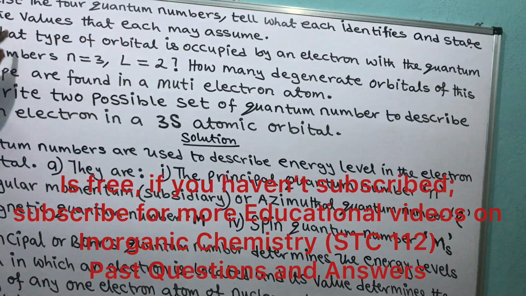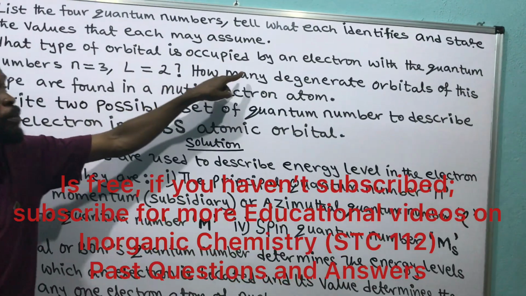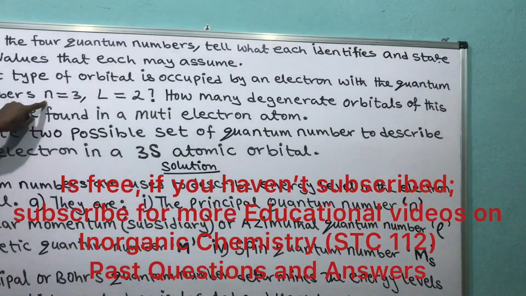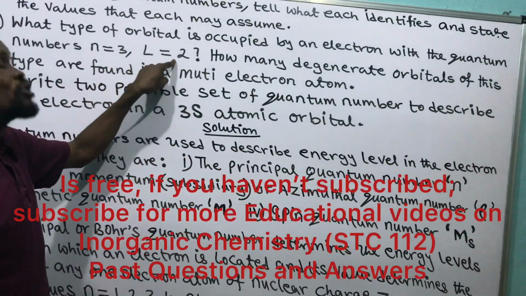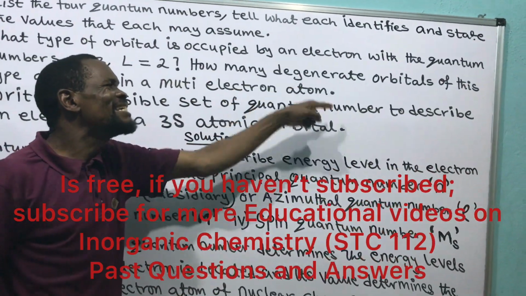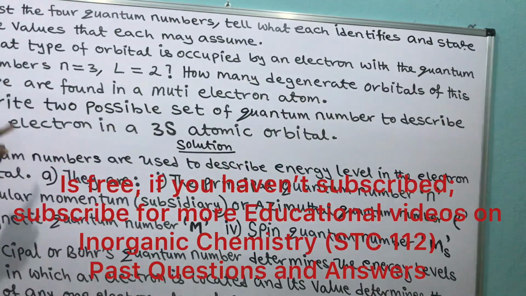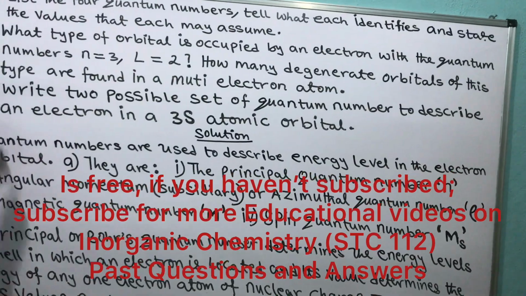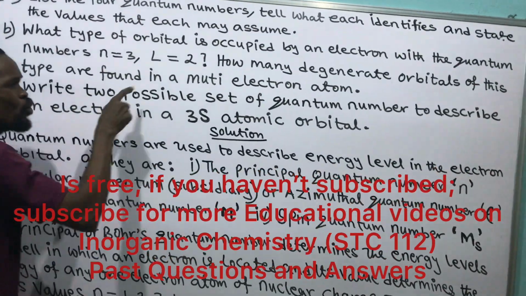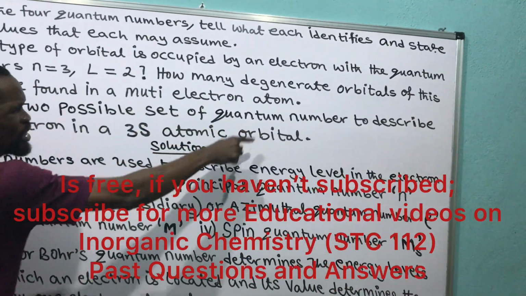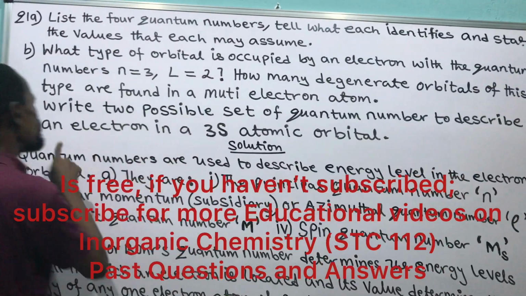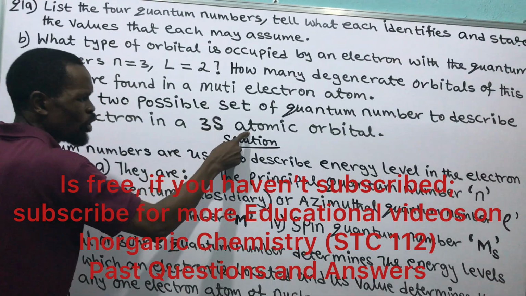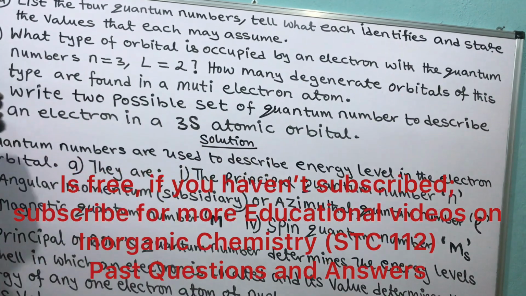C, question number 6: write 2 possible sets of quantum numbers to describe an electron in a 3s atomic orbital.